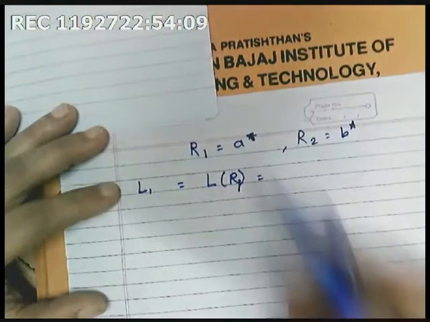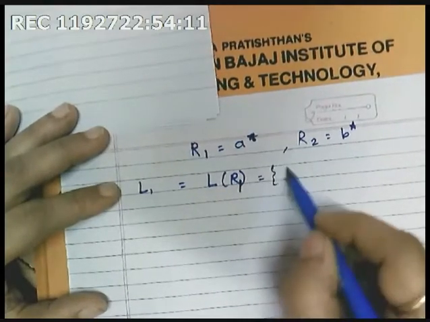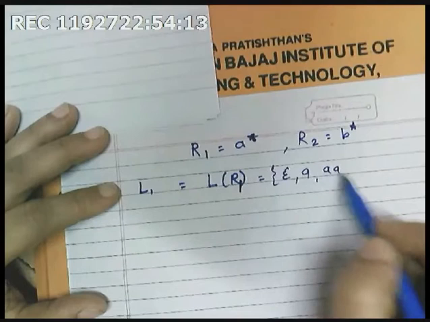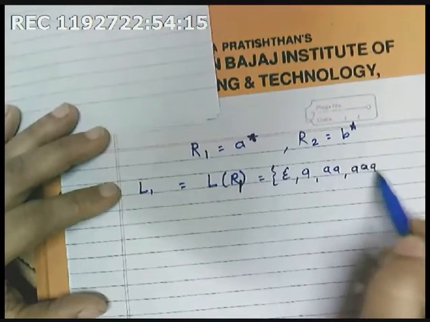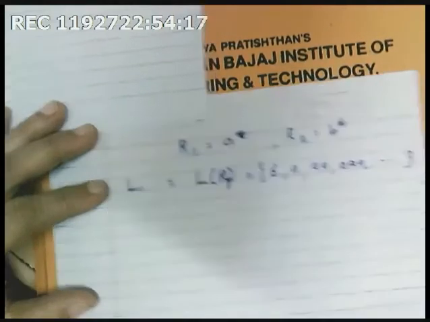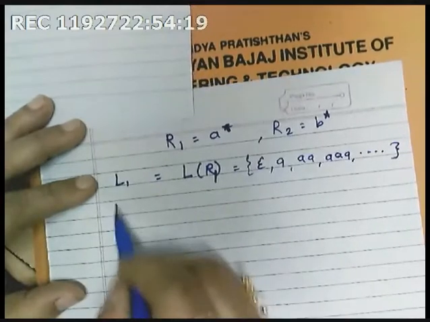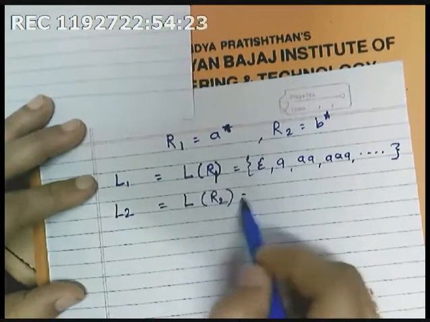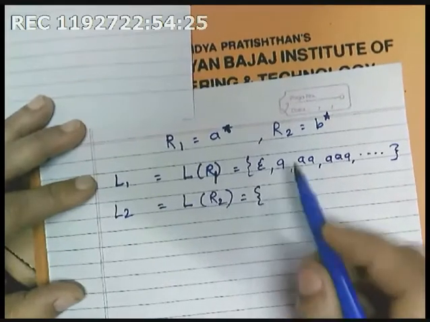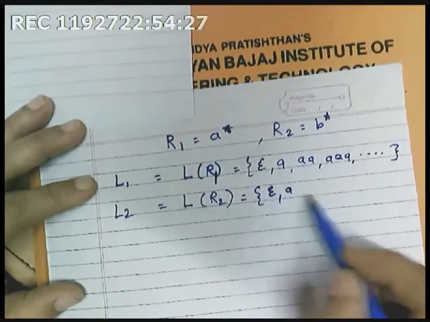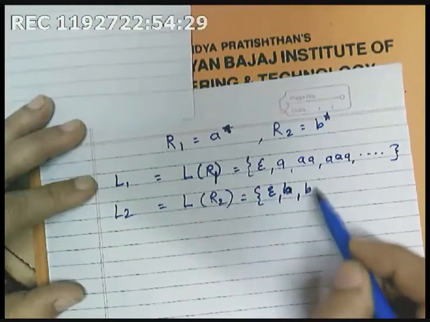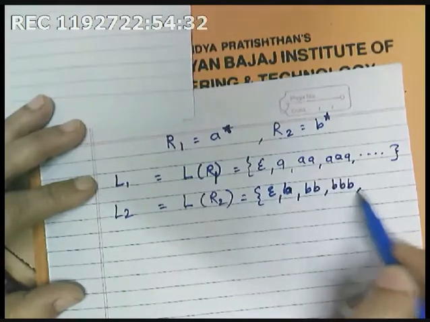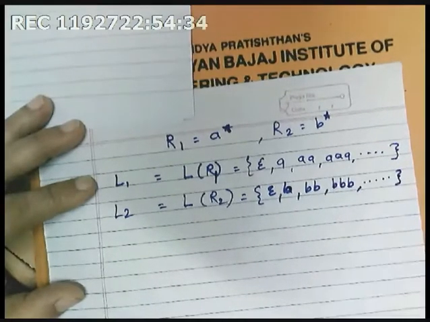Now my language L1 will be empty string, A, AA, AAA, and so on. Similarly, my L2 will have regular expression R2, so it will be empty string, B, BB, BBB, and so on.